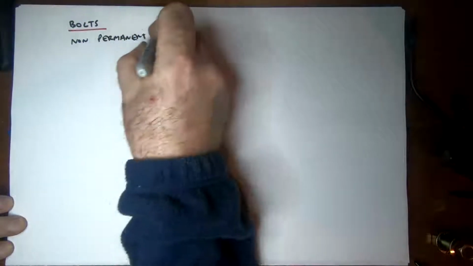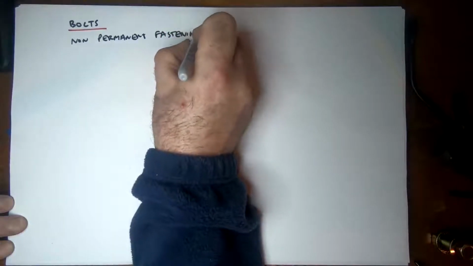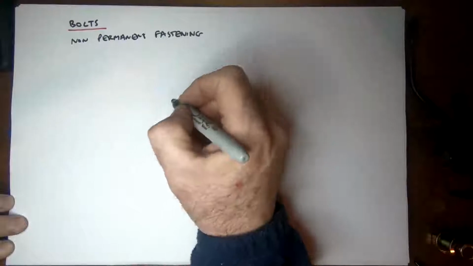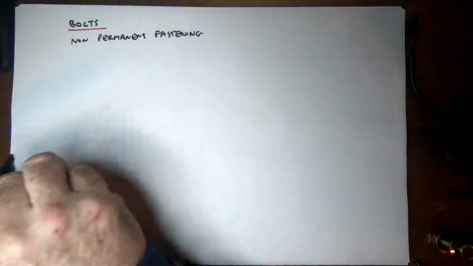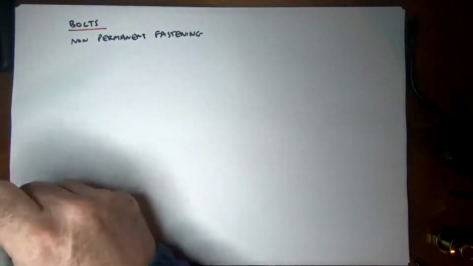So bolts are a form of non-permanent fastening, and there are various other types of non-permanent fastenings that you can come across. Velcro, clips, locking tabs, there's a whole bunch of other stuff, but bolts are by far the most popular and universal.